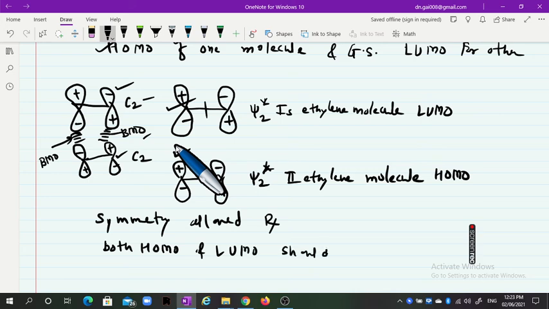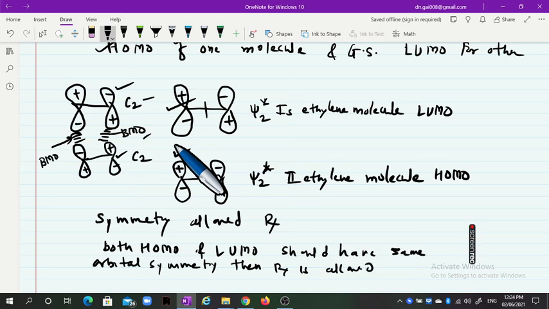should have the same orbital symmetry, then the reaction is an allowed reaction.